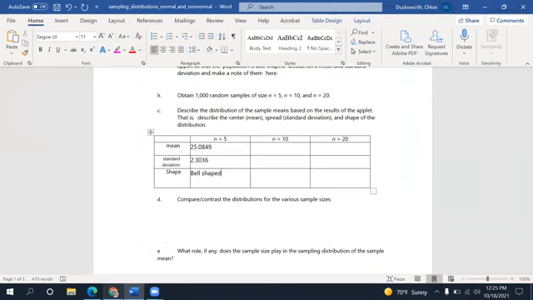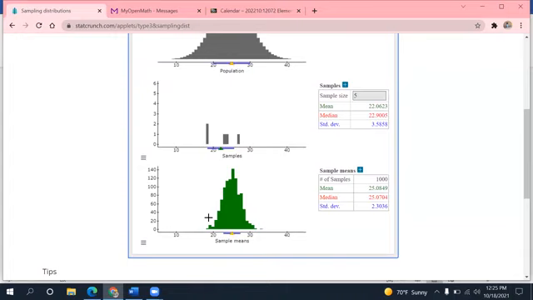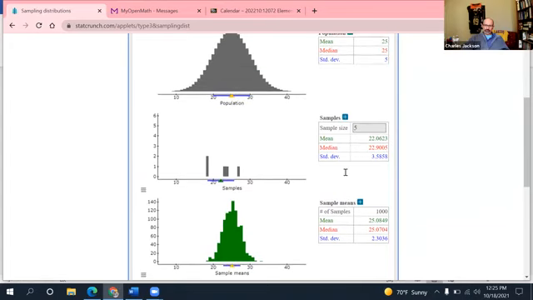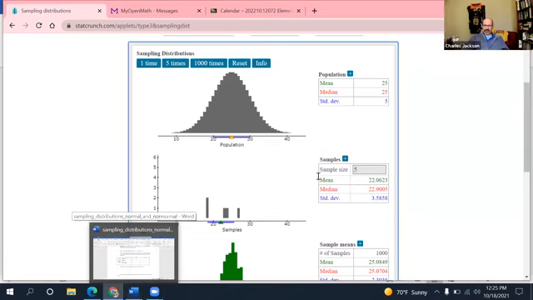Yeah, bell shaped, that's what I was thinking. Yeah, I agree. And if anyone sees anything more than that, that's welcome too. Can I go to the next one? Yes.